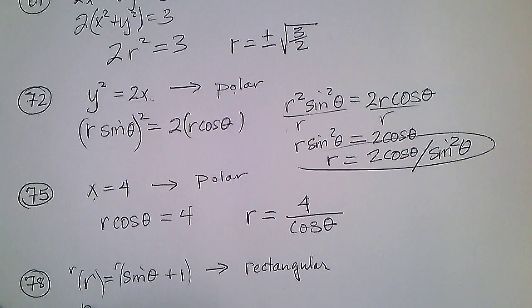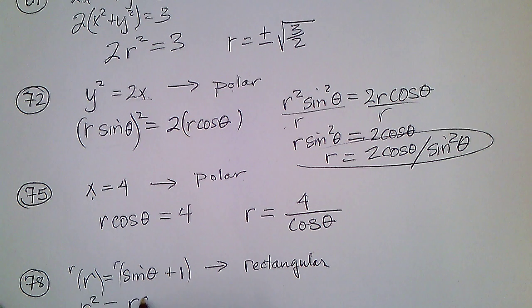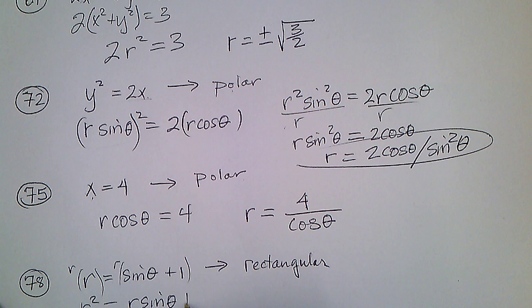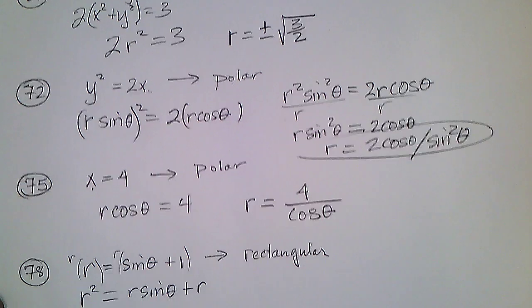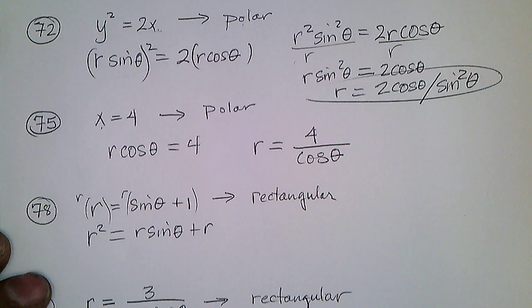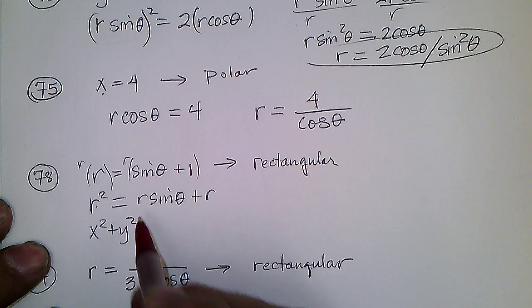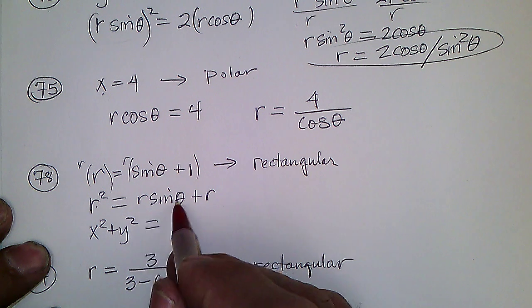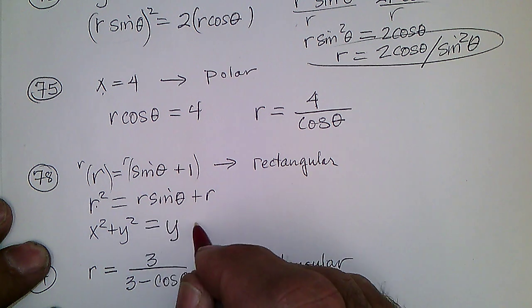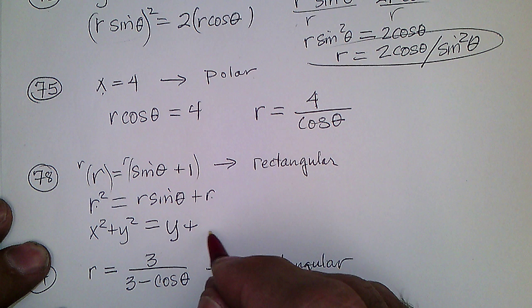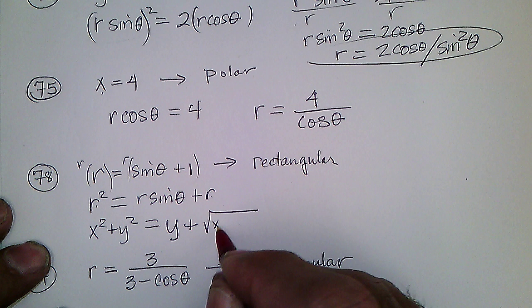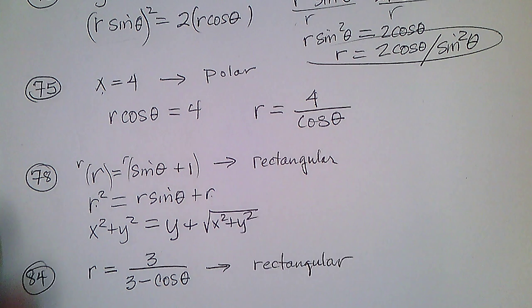And over here I would have r squared equals r sine theta plus r. And we can change r squared to x squared plus y squared equals r sine theta is just y plus r. R is the square root of x squared plus y squared.